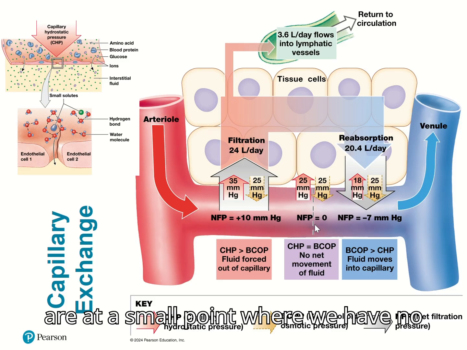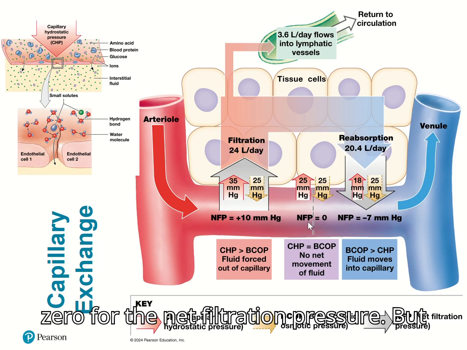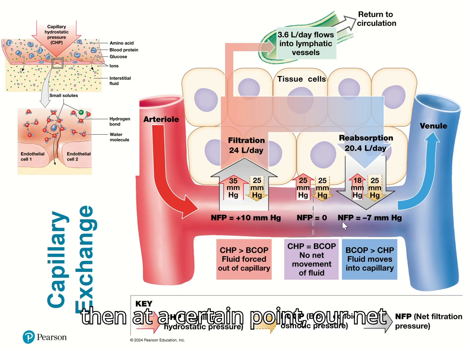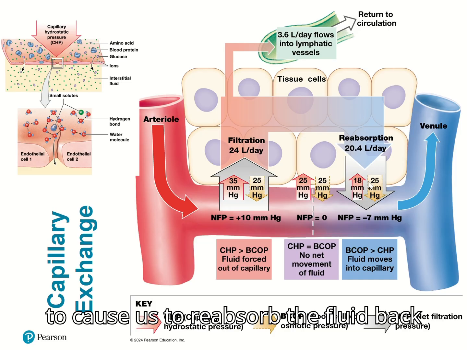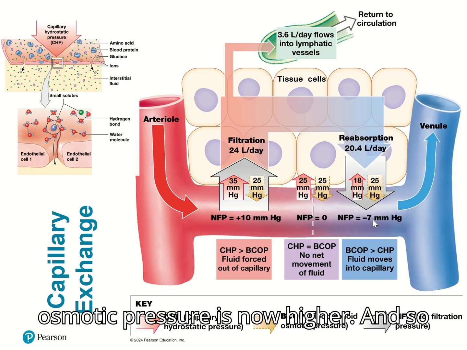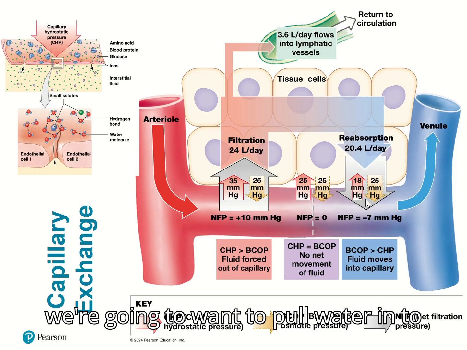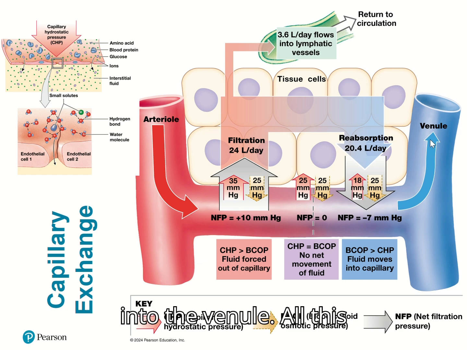Notice we have a small point where there is no movement, so the net filtration pressure is 0. But then at a certain point, our net filtration pressure goes down to the negatives, and that's going to cause us to reabsorb the fluid back into the capillary, because our colloid osmotic pressure is now higher, and so we're going to want to pull water in before we go into the venule.